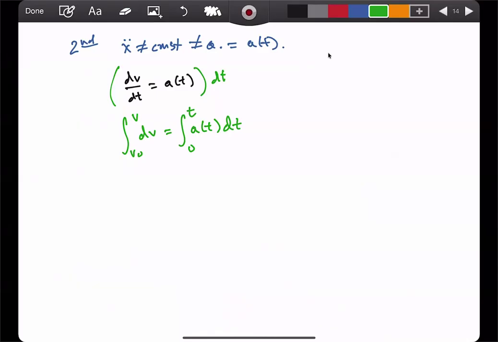The left-hand side is just v minus v initial. Since we don't know the functional form of the acceleration, meaning exactly how it depends on time, I can't do this integral, so I have to leave it as an integral until I know the functional form. Finally, I can write v equals v initial plus this integral.